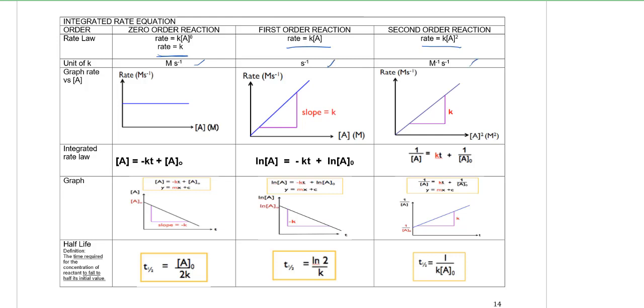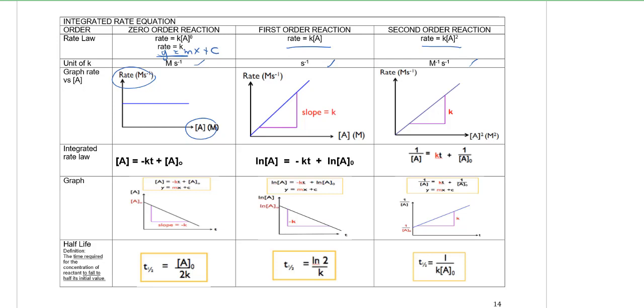Okay. So Y equals mx plus c. When we plot the graph of rate versus concentration of A, it is constant, because the concentration of A is independent of the rate of reaction for zero order.